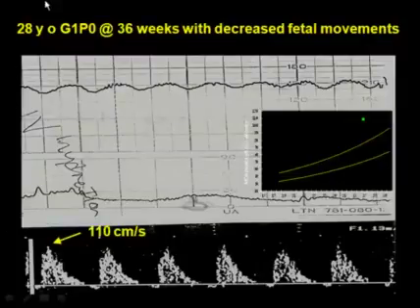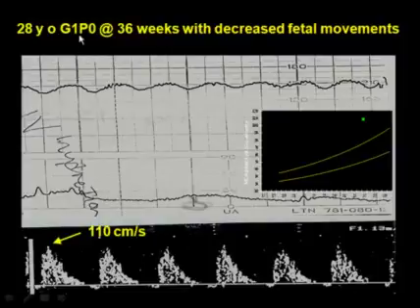The patient was a 28-year-old primigravida at 36 weeks of gestation with decreased fetal movements. She had been seen in the private office the day before, and the NST was reported as reactive. She came back to the hospital the day after, again with decreased fetal movements.